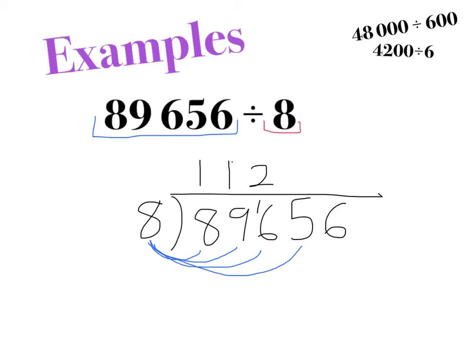So it goes in no times, and I need to carry my 5 over here. How many times does 8 go into 56? That's easy. It goes 7 times. This should hopefully be a reminder for a lot of you from primary school. This is my big number, it goes in here, my 8 goes on the outside, and then I simply perform the operations.